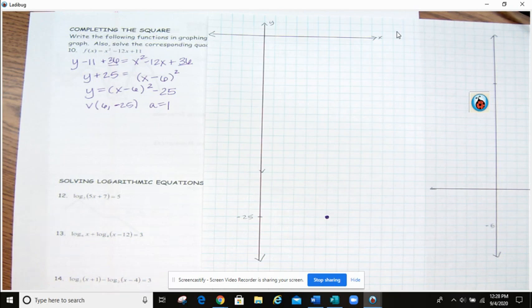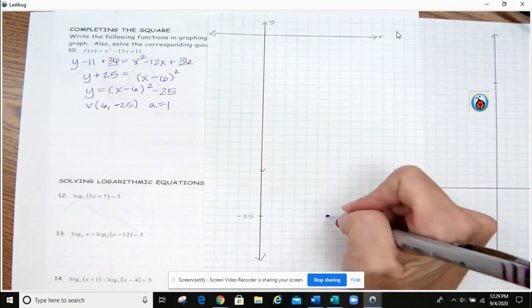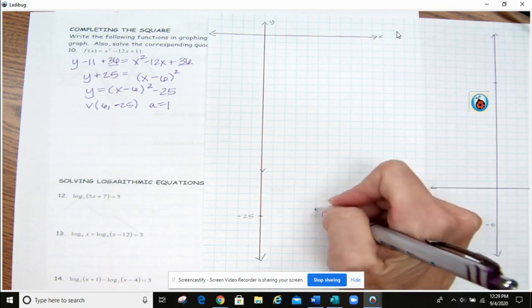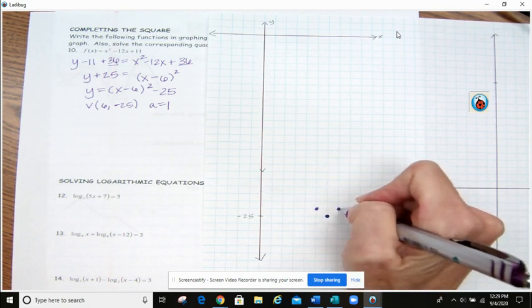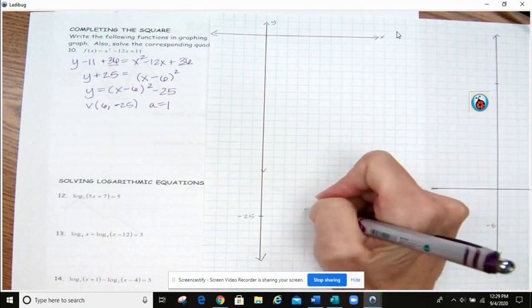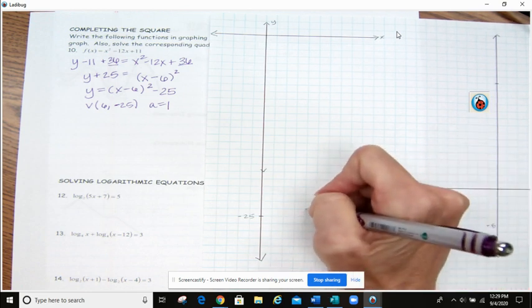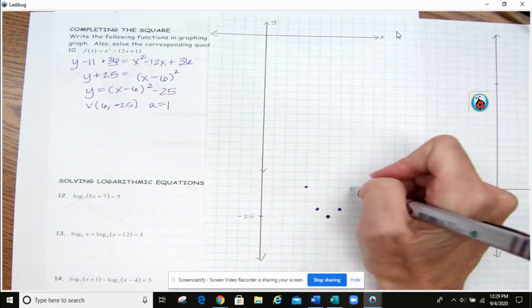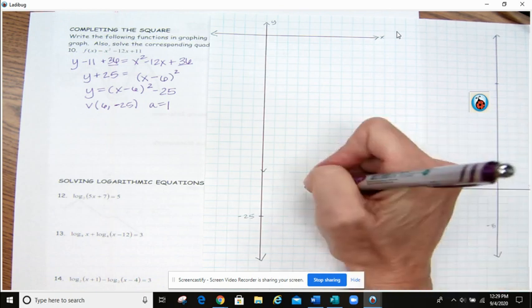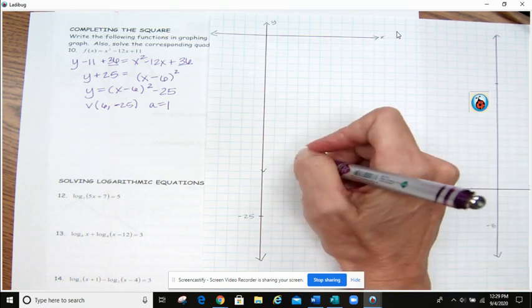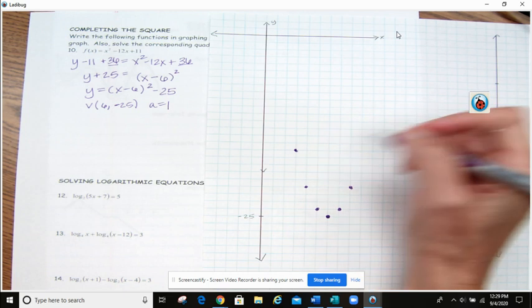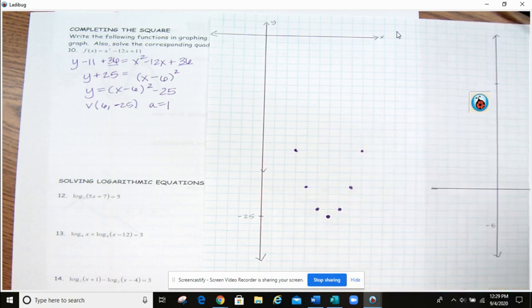You can always use a table of values. It goes over 1, up 1 because a is 1. And then over 1 and up 3 times a. So then it'd be over 1 and up 3. And then you can keep going, over 1 and up 5. And then it would be over 1 and up 7, over 1 and up 9.